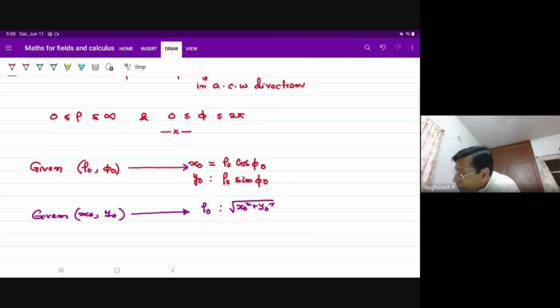What is phi naught? The equations above are misleading us. We normally get tempted to say ratio, take ratio. Tan phi naught is y naught by x naught. Phi naught is tan inverse of y naught by x naught. Is not true, we know that.